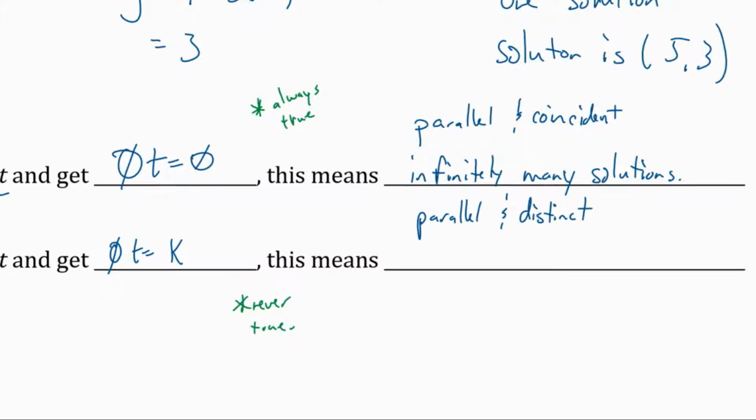And there are no solutions, or no solution. Okay, 0 solutions. So the number of solutions is 0, and the geometric interpretation is they are parallel and distinct, separate. They're different lines, okay? We can think of that visually, but that's the description geometrically.